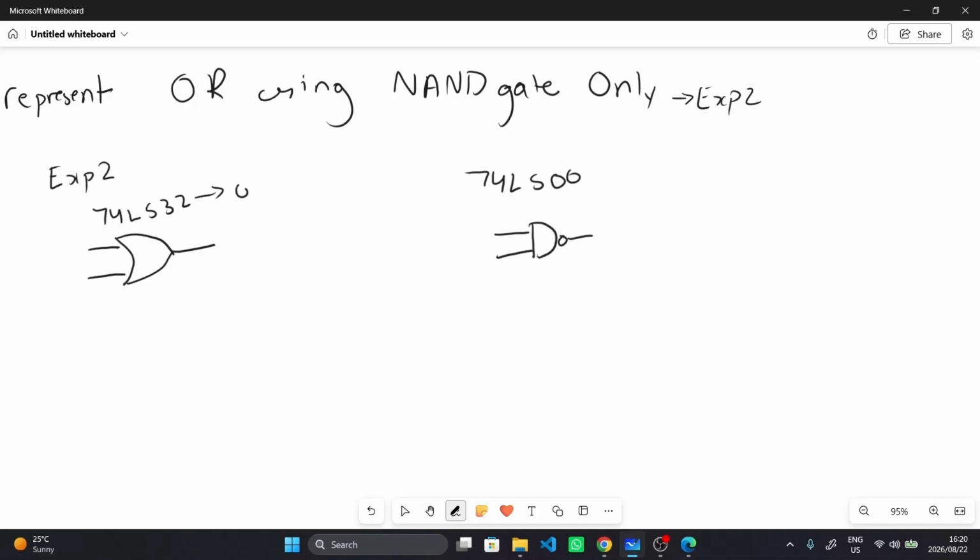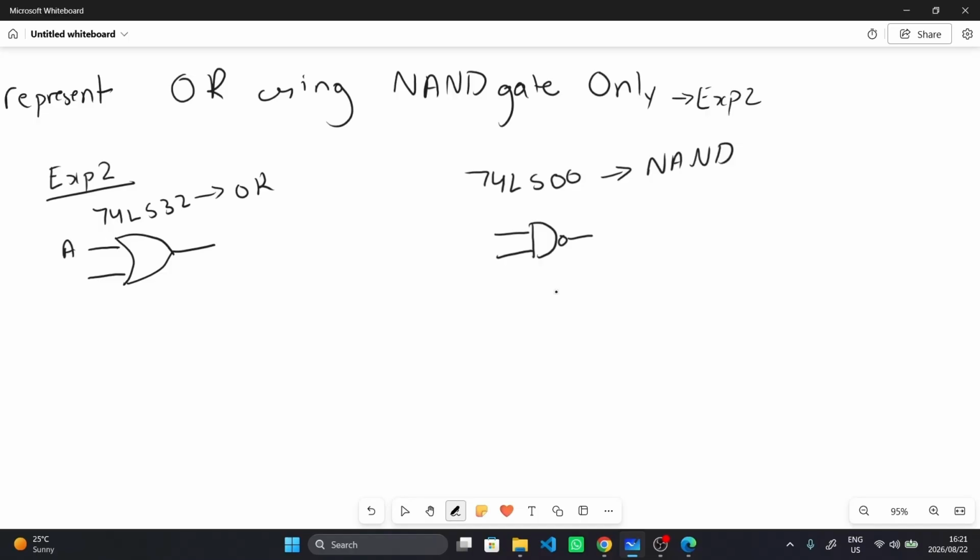So this is an OR gate, that is a NAND gate. So this is where it comes from. We used a NAND gate only to represent OR gate, even in your experiment 2. So let's see how we did it.